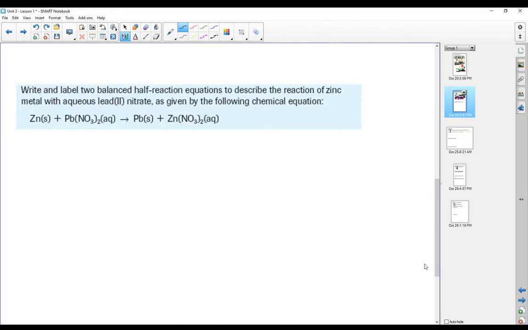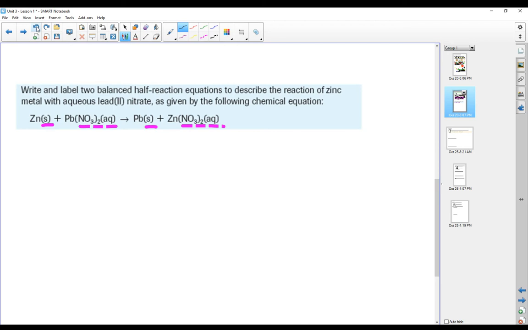I will pull out my pen and do a broken pink. So zinc is solid here. Lead is solid here. Nitrate is aqueous. Already, we know one thing. Nitrate is out. However, I still do need to know what my lead ion and zinc ion charges are going to be, so I'm going to take those off here.